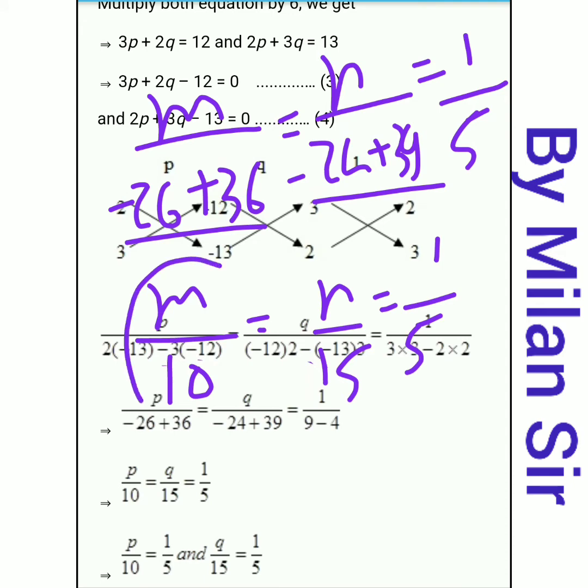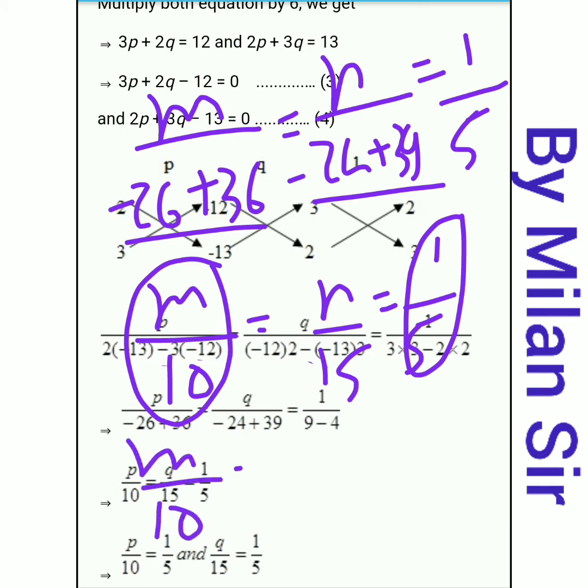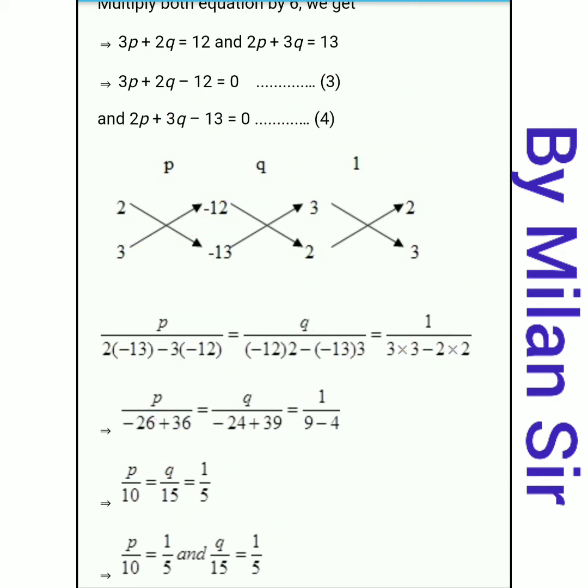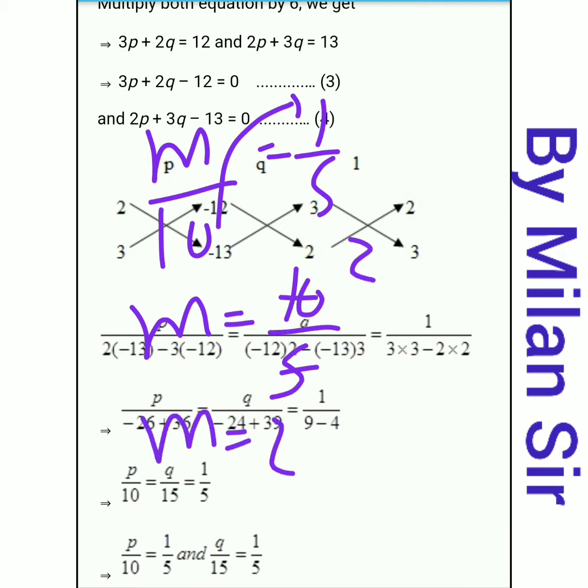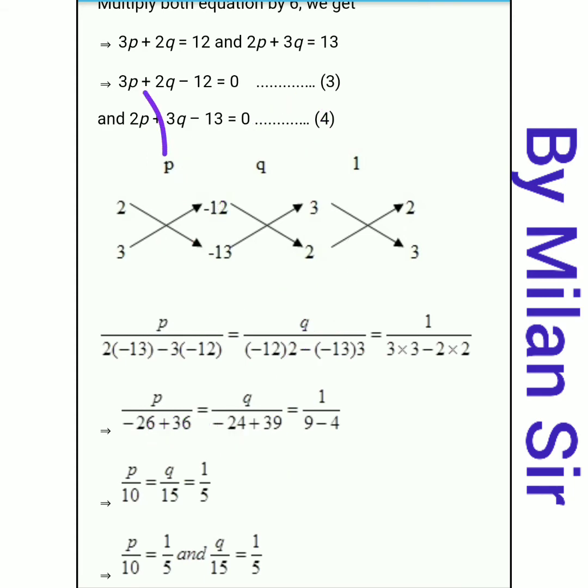Now we need to compare m upon 10 with 1 upon 5. So m upon 10 is equal to 1 upon 5. Transfer this 10 to the right hand side, it goes to the numerator. So 5 into m is 10, so m is equal to 2. Okay, m is equal to 2.